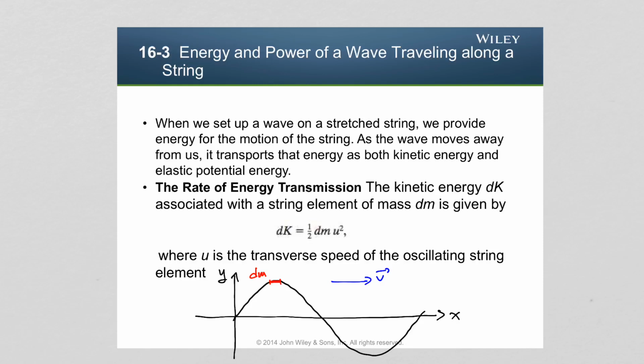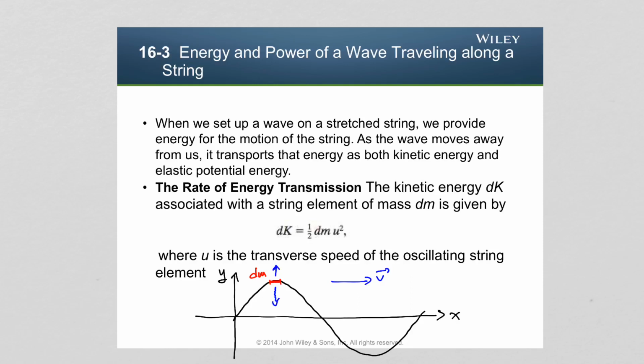So in order to assess the kinetic energy that the wave carries, we must calculate the kinetic energy of motion of this mass element, like so. So that means that this mass element must be moving with some velocity in a vertical direction. So up and down, of course.